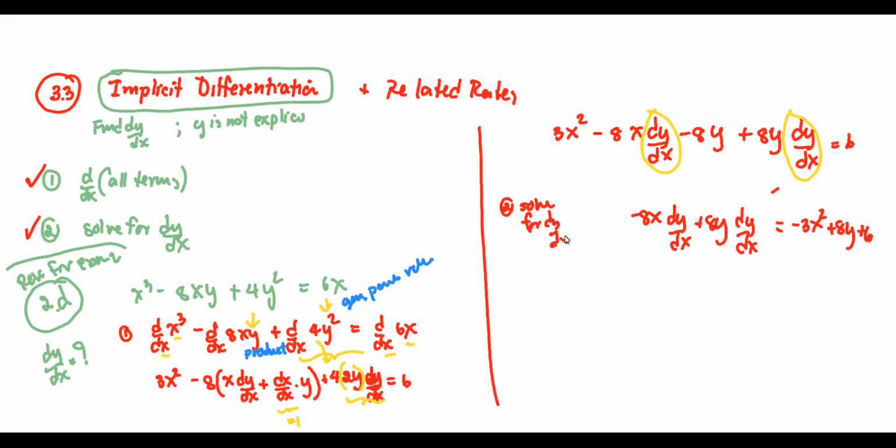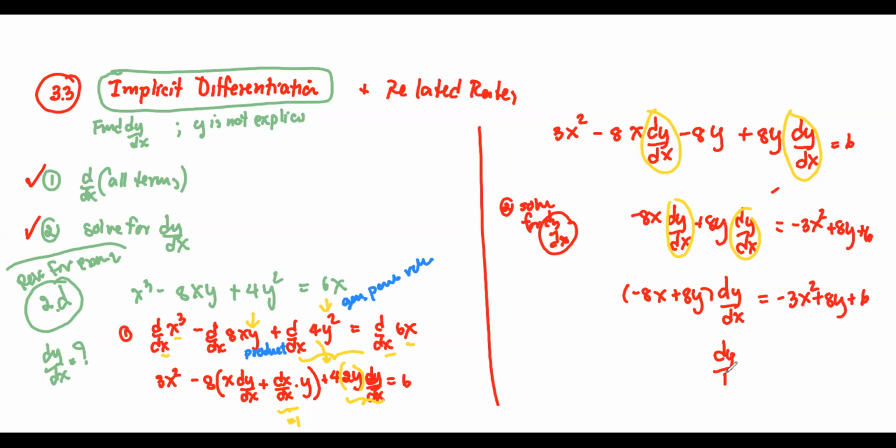Again, your goal is to find dy by dx. Since we keep the dy by dx terms together and see this as the common factor, that means we have negative 8x plus 8y multiplied by dy by dx equals negative 3x squared plus 8y plus 6.